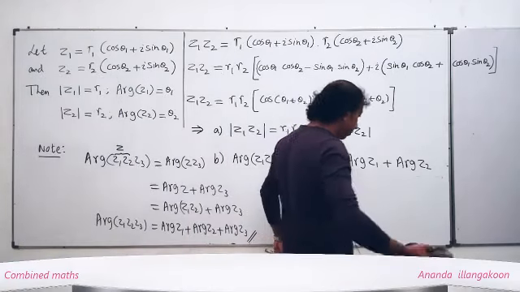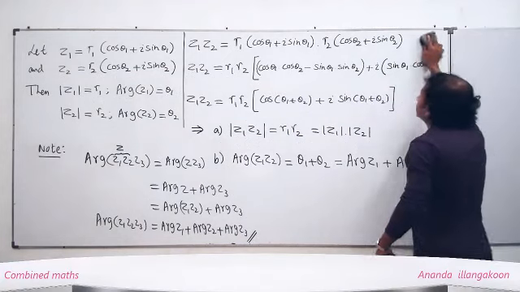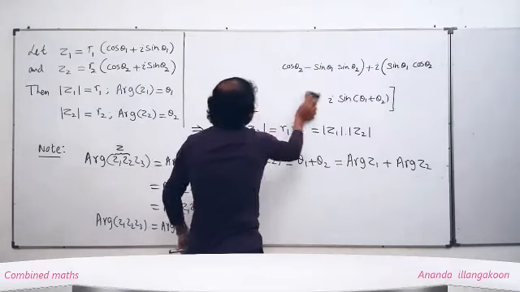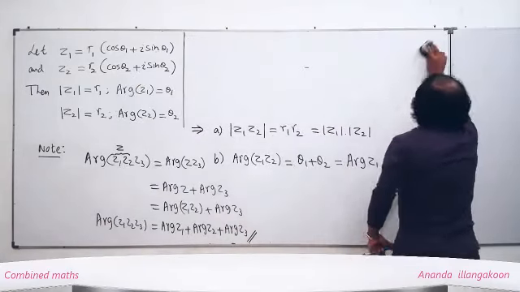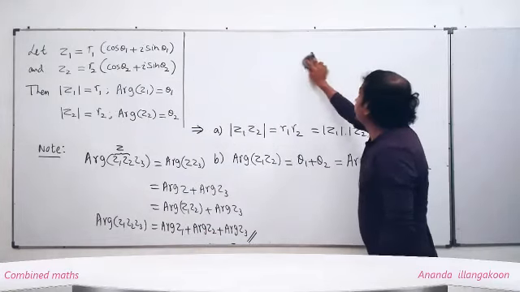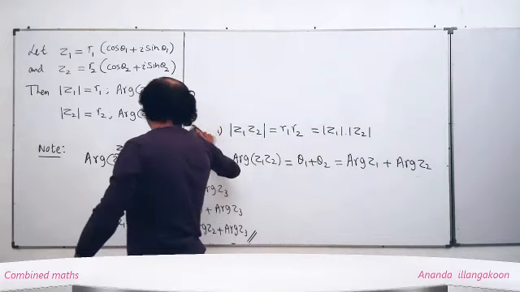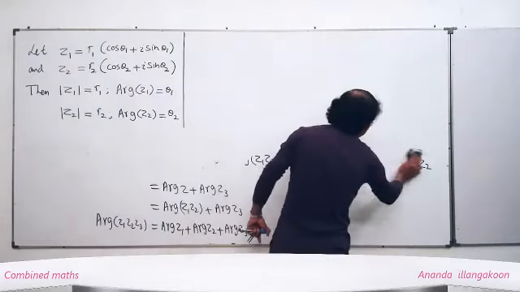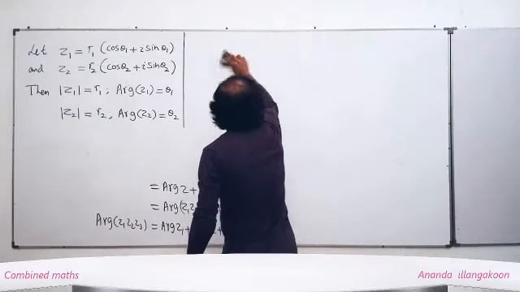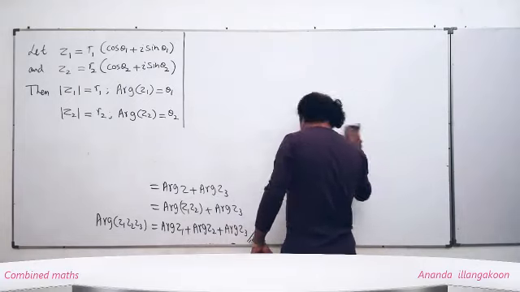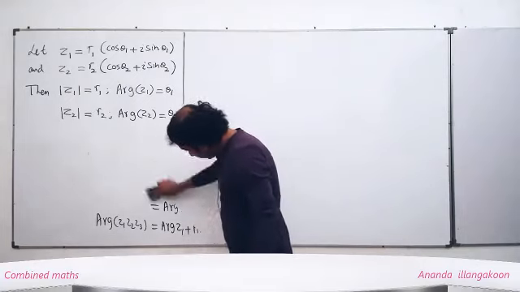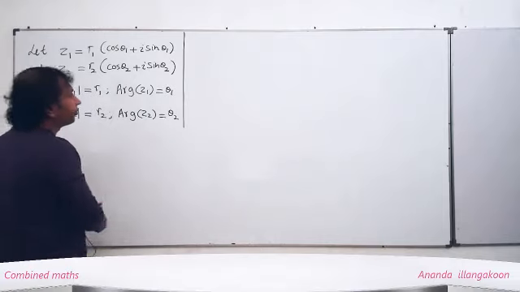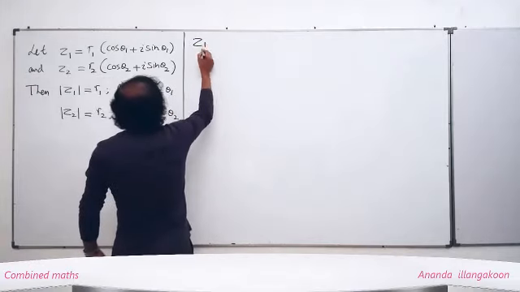Now we come to the division. Take Z1 divided by Z2.